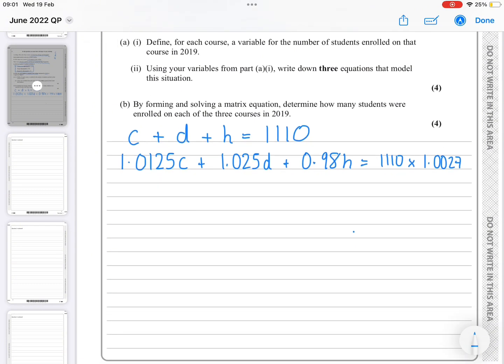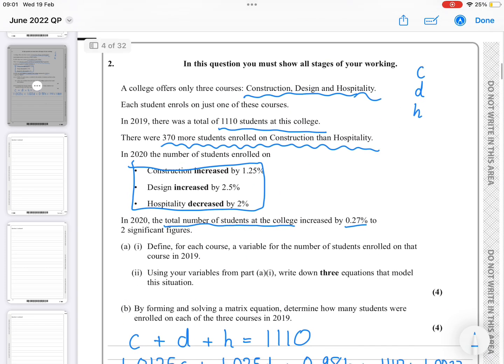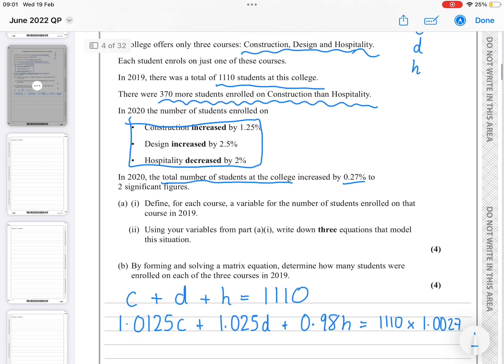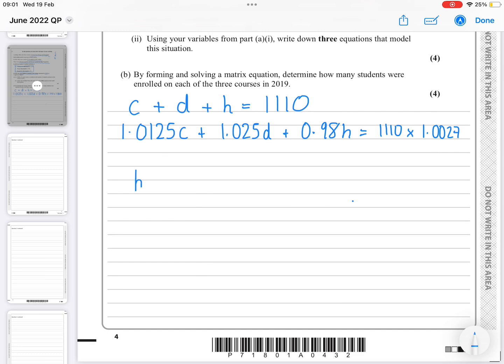And for our final equation, we were told that there were 370 more students enrolled on construction than hospitality. So that tells us that H plus 370 equals C. But we need to rewrite this in a form that's more similar to this one.